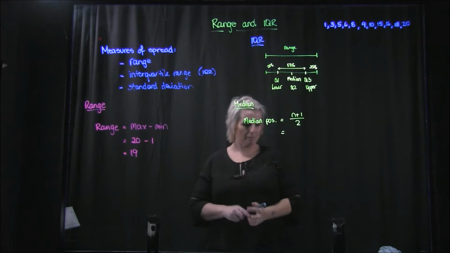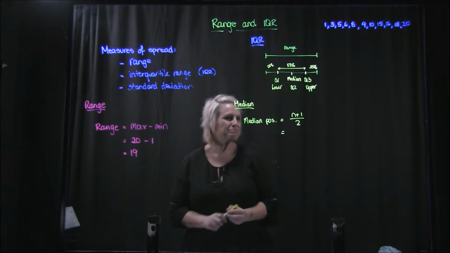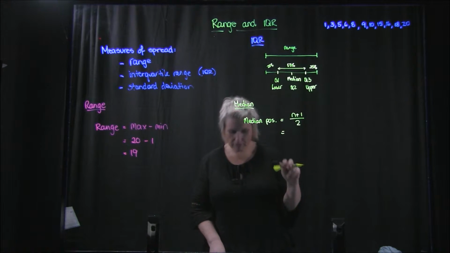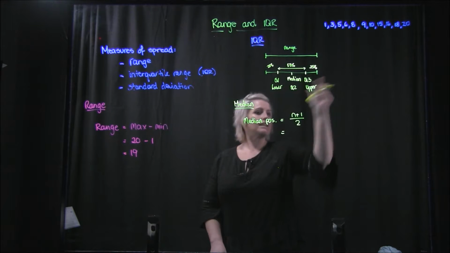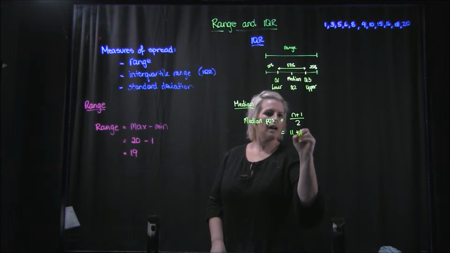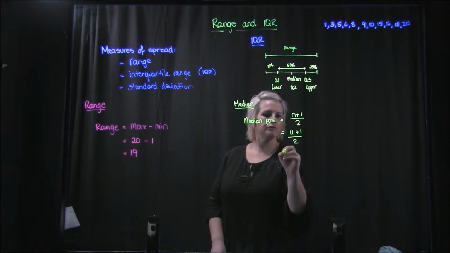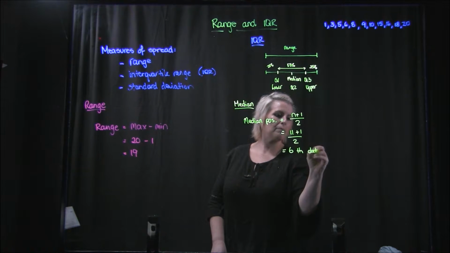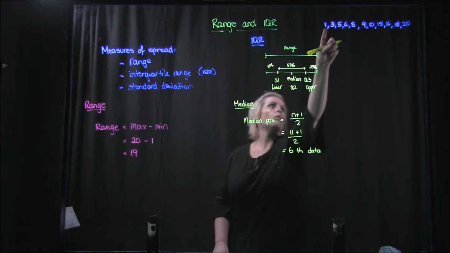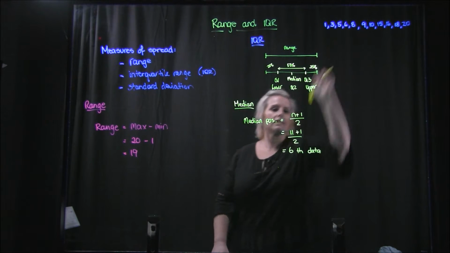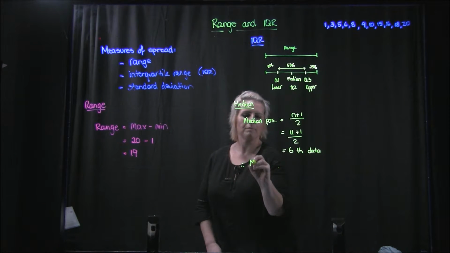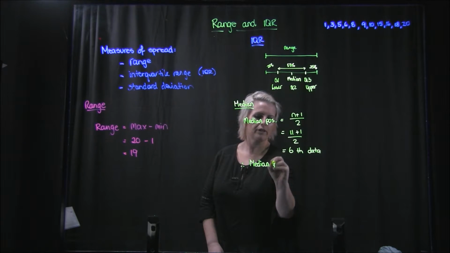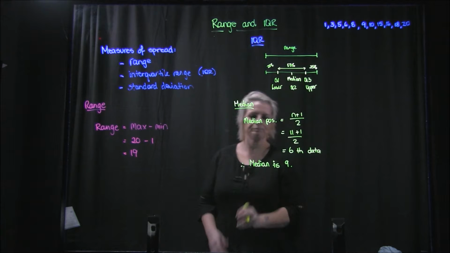There we go. If I count them all up, there are 11. 11 plus 1 is 12, and 12 divided by 2 is 6. So my median is the 6th data value: 1, 2, 3, 4, 5, 6. Therefore, my median is 9.